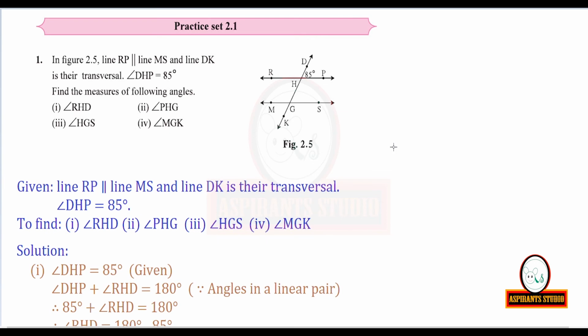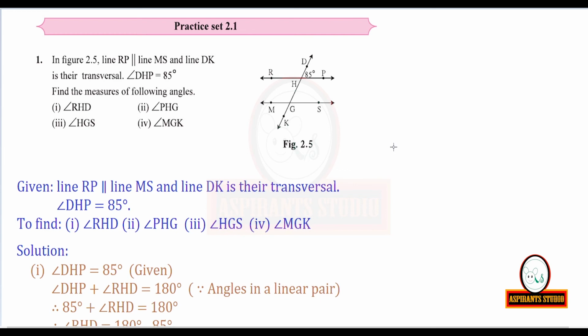How to find out measure of angle RHD? Now what is given? Measure of angle DHP is equal to 85 degrees is given. Now look at the figure. Look at angle DHP and look at angle RHD.